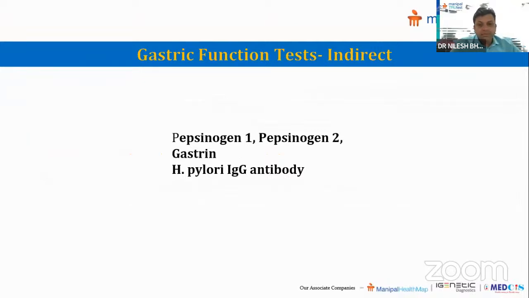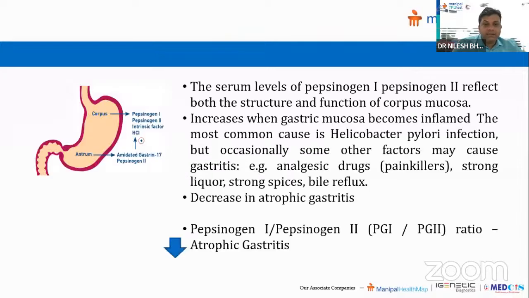In gastric function tests, we have pepsinogen 1, pepsinogen 2, gastrin, and H. pylori IgG antibody. These are all indirect tests from the blood sample. We are not discussing the direct gastric function tests. Basically, pepsinogen 1 and pepsinogen 2 are released from the corpus. So whenever there is a pathology in the corpus, you will have fluctuation in the levels of pepsinogen 1 and 2.